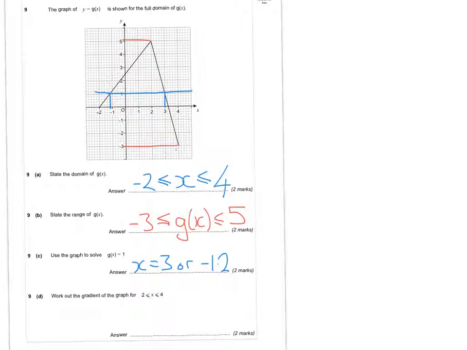Work out the gradient of the graph from 2 to 4. So it starts at 5 and ends at -3, so it goes down 8 and along 2, so its gradient is -4. M equals -4.